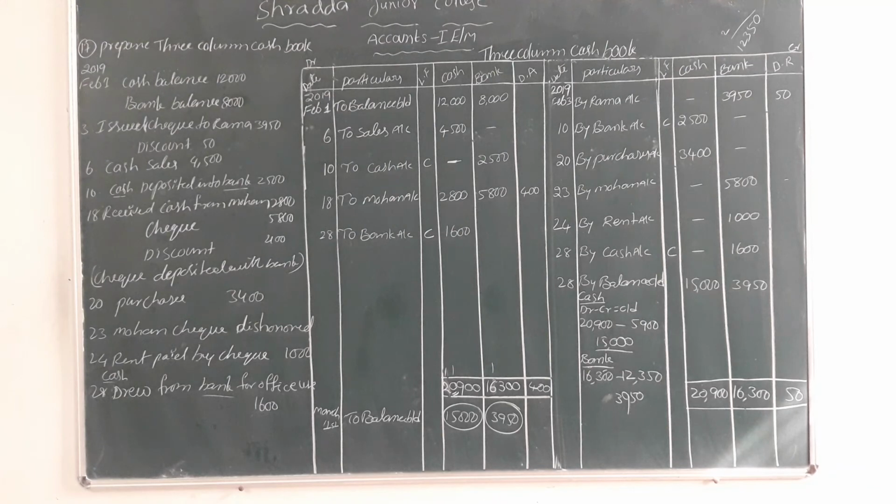So let us see, students, cash started at 12,000, now 15,000. Cash amount is increased. So what about the bank amount? It was 8,000 rupees, presently 3,950. That means 4,050 rupees is less. Why? Because we used heavy bank transactions, not cash payments.